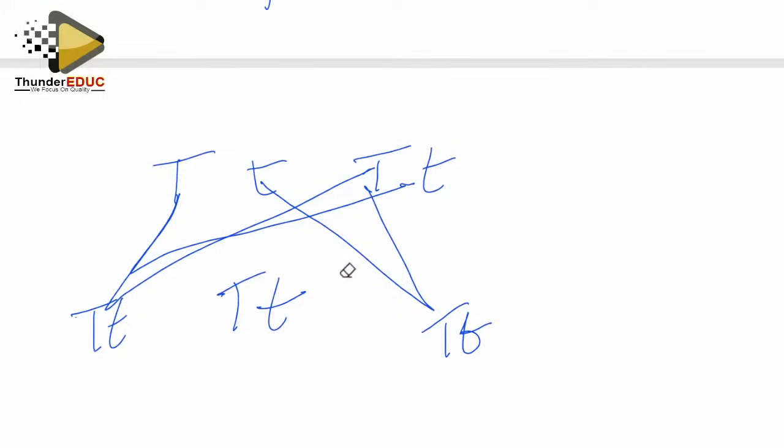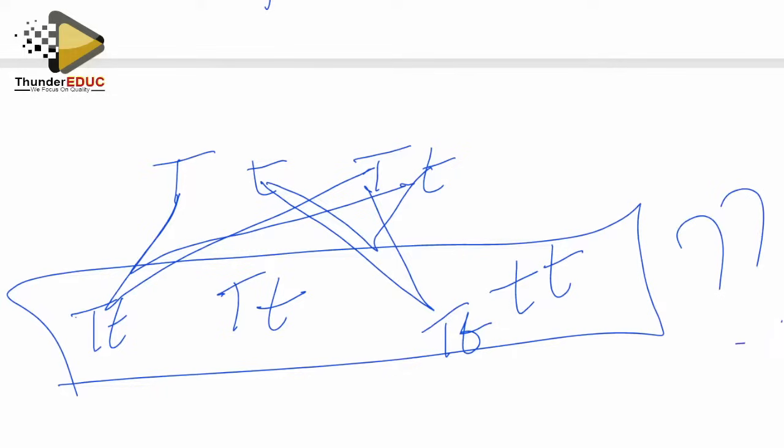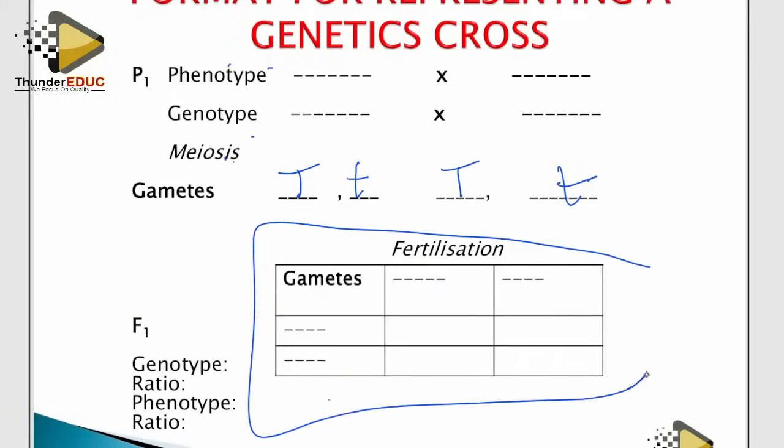Then you say capital T, small t, small t. So we ask you, what is this? Where is this? Is it this or this? So I prefer, if you don't know, it's better to use the Punnett square method. Is it clear? Yes.